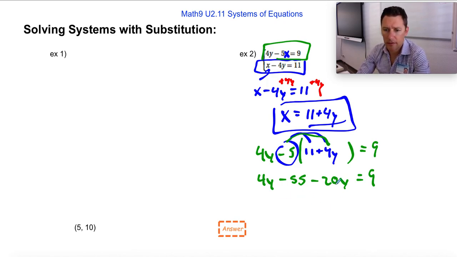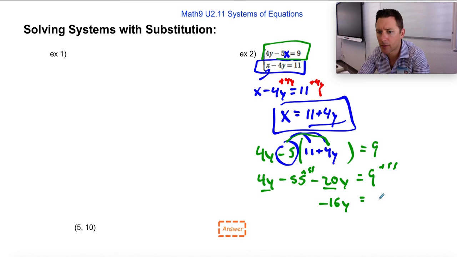So then you combine your y's, so you get negative 16y's, and on this side you get 9 plus 55, because you have to add 55 over here, add 55 over here, and so you get 64. And if you divide both sides by negative 16, I think you get negative 4.